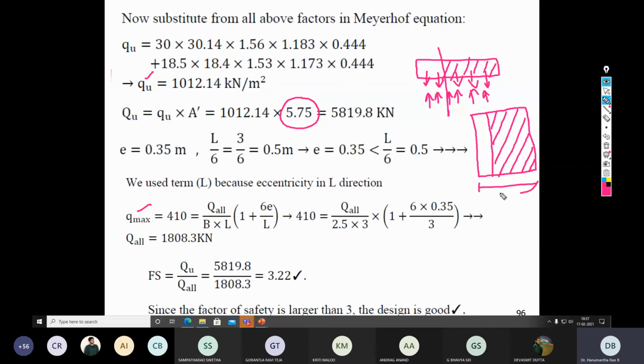So this is L minus 2E and this is B. In case of no eccentricity, it is L by B. But in case with the eccentricity, it is (L minus 2E) by B. That is the reason you have to take the load.